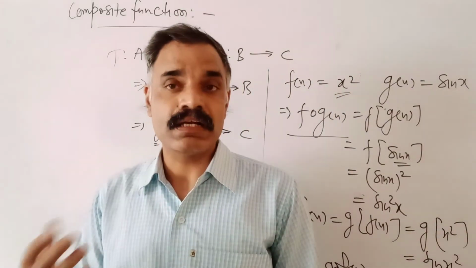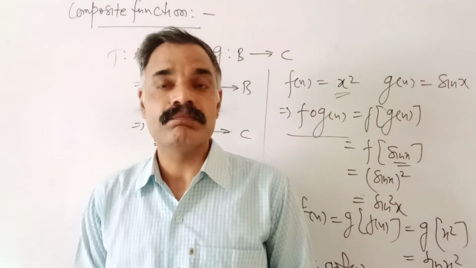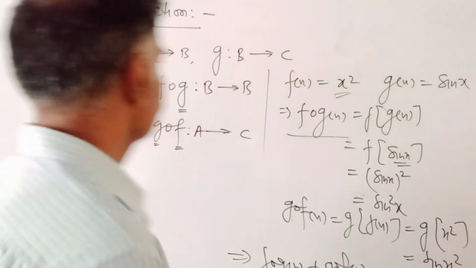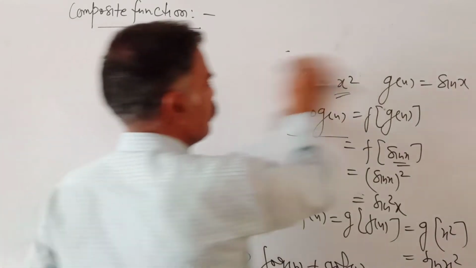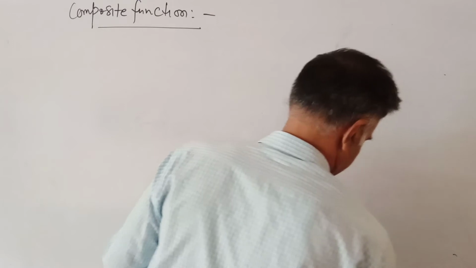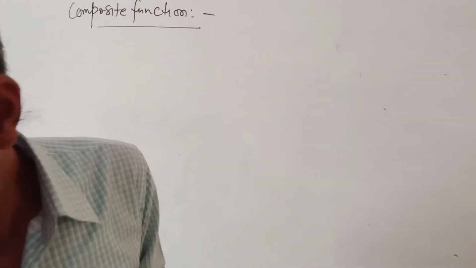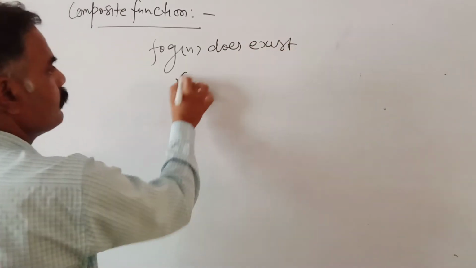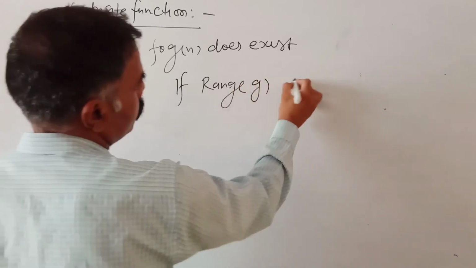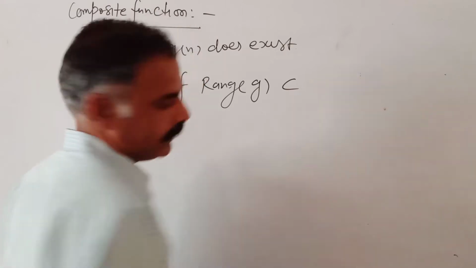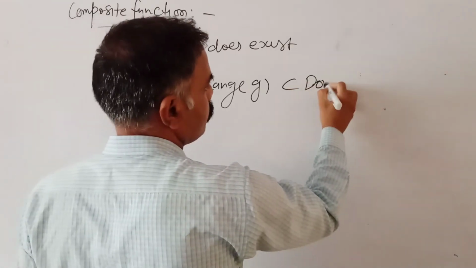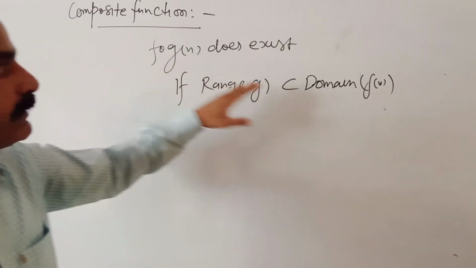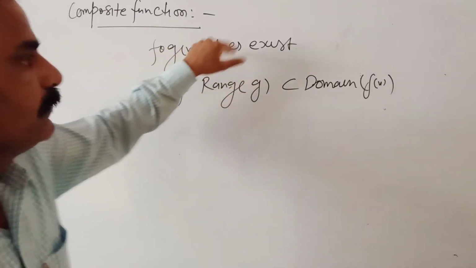Now we will see what is the criteria, or the condition, that the composition of two functions is possible, or exists. The criteria for this is: fog of x does exist if the range of g is a subset of the domain of f. When the range of g is a subset of the domain of f, then fog of x does exist.